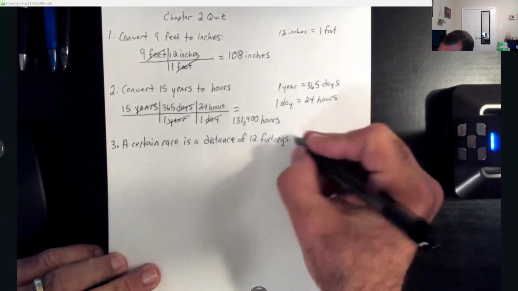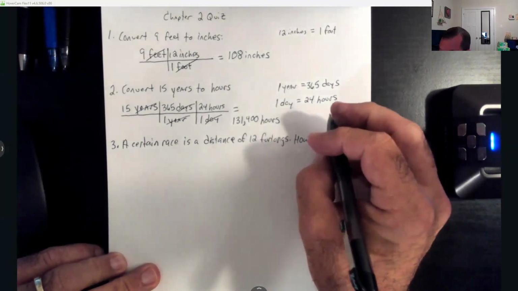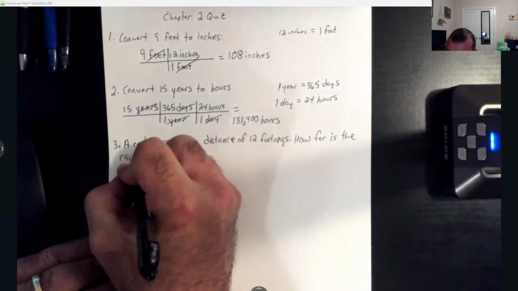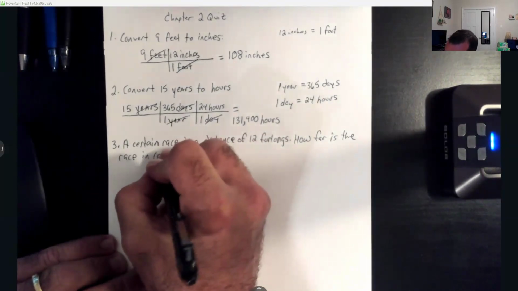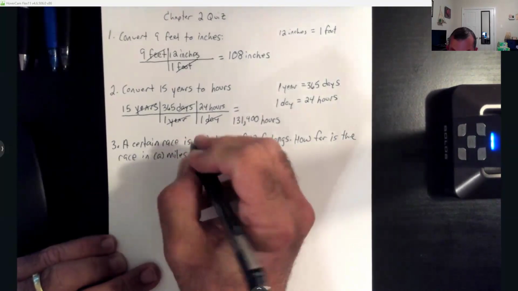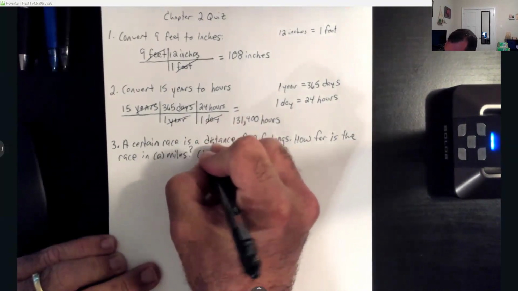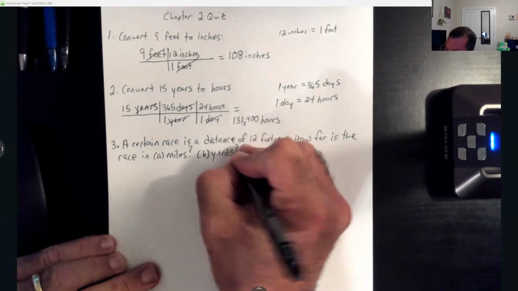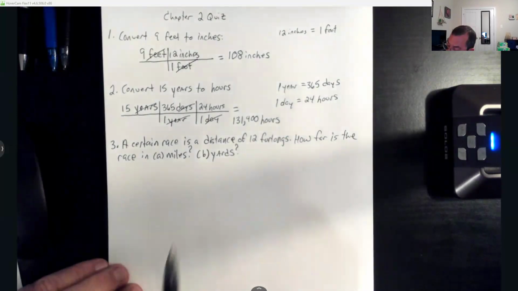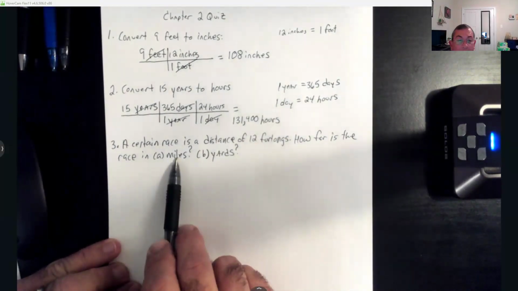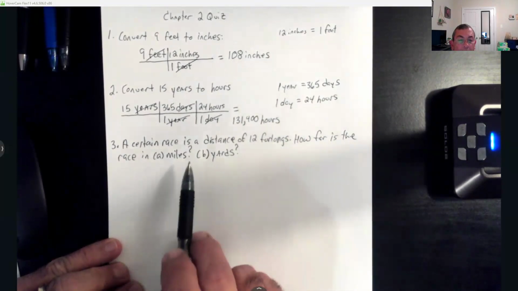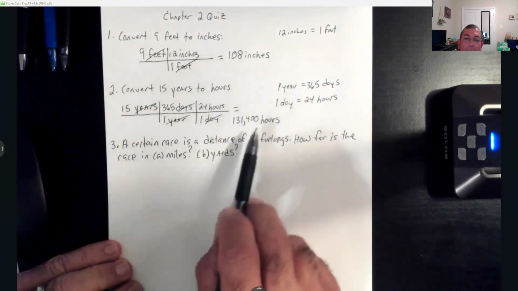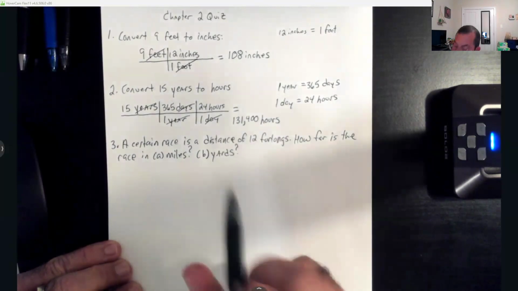Now, what they want to know is how far the race is in A, miles, and B, yards. So basically, that's two things we're converting. We need to convert 12 furlongs into miles, and then we need to convert 12 furlongs into yards. Okay? So let me start by converting it into miles for part A.